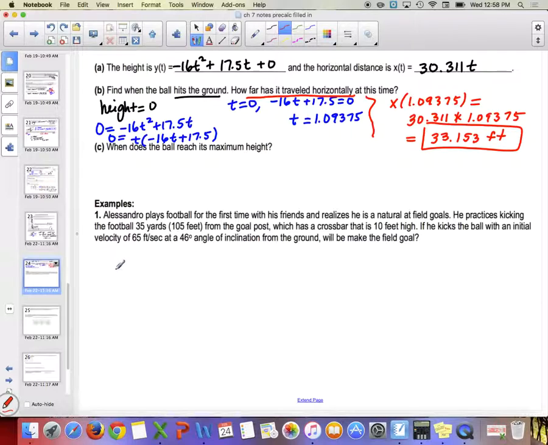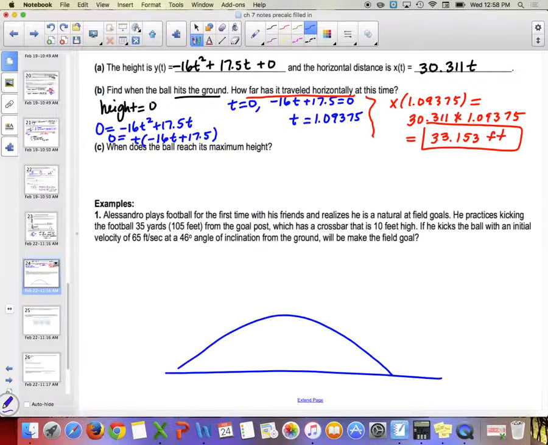Yeah, it's when it's hitting the ground. So we're saying when it hits the ground, how far has it traveled total horizontally? You're going up and coming back down, and it takes this long to hit the ground, and then this distance ends up being something. So t is a time. X is what you want for the distance.